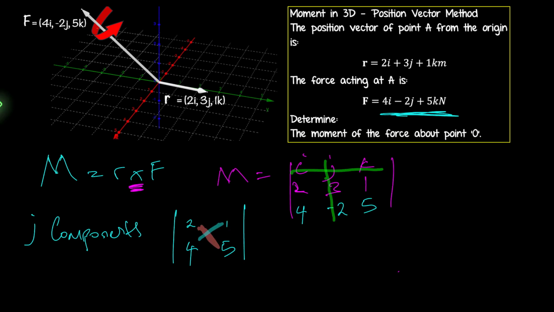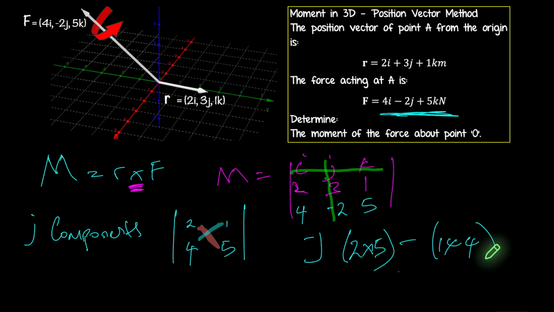Very importantly, for this component we have to start off with -j. This relates to something else to do with matrices, and I'll get into a full video on that to explain this concept. So we start off with minus j, and then do the same multiplication as previously: leading, 2 multiplied by 5, minus non-leading, 1 multiplied by 4.